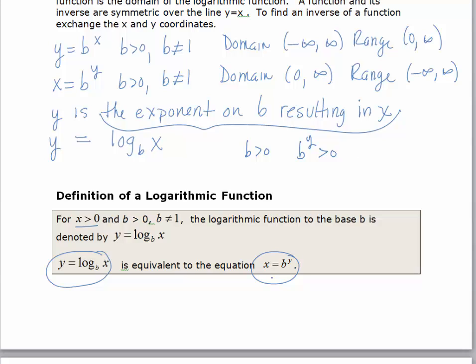So that's why in this case x is always greater than 0, which makes sense because we just said that the domain of the logarithmic function was the same as the range of the exponential function. And so the range of the exponential function was basically all positive real numbers, and therefore the domain of the logarithmic function would also be all positive real numbers.